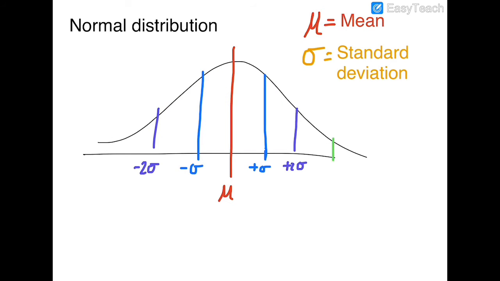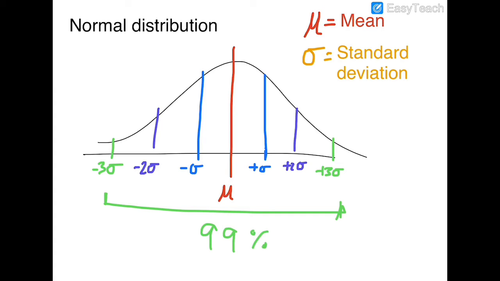So now let's say that we have plus 3 standard deviations and minus 3 standard deviations. From here to here, we're going to have the 99%, not the 100%, the 99%, more or less. From minus 3 standard deviations to 3 standard deviations, all of this is going to be the 99%.